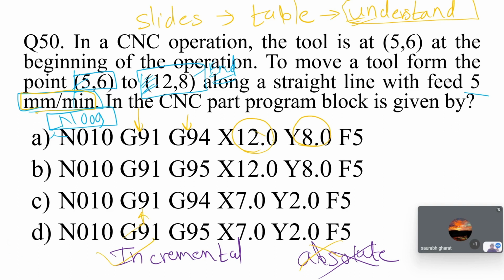See, right now the end point, if you use the end point here, it is wrong. Why? Because you are using G91, which is incremental. You know the start point and you have the end point here, but which command are you using? Incremental command. So you have to subtract it now.